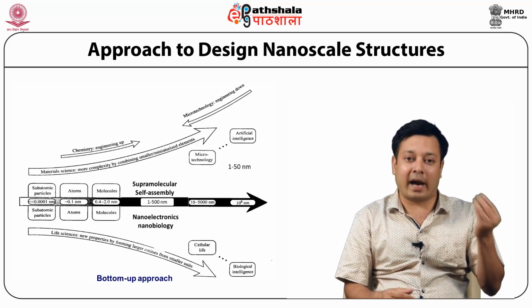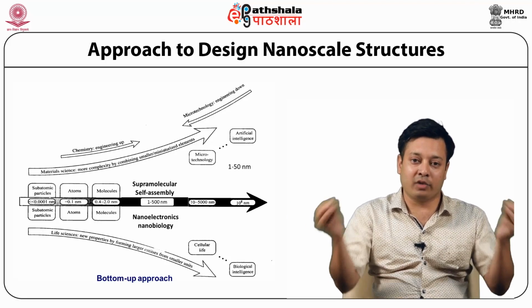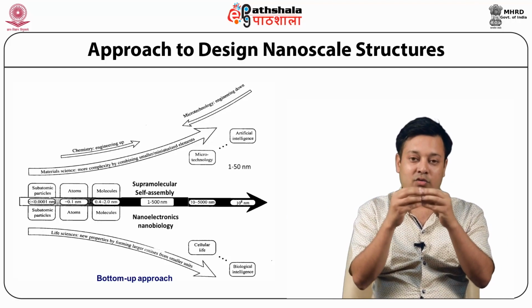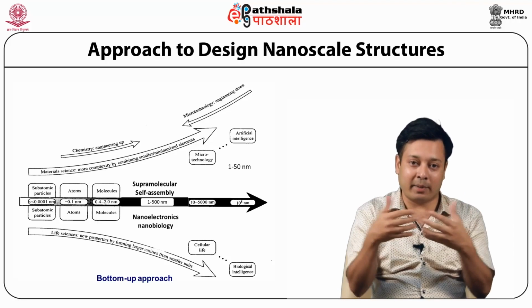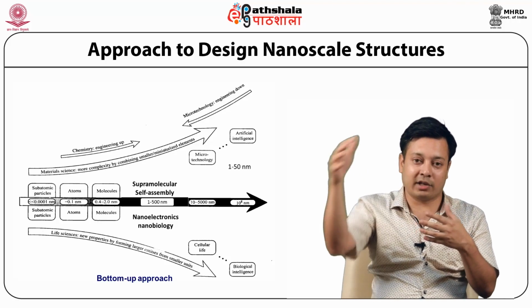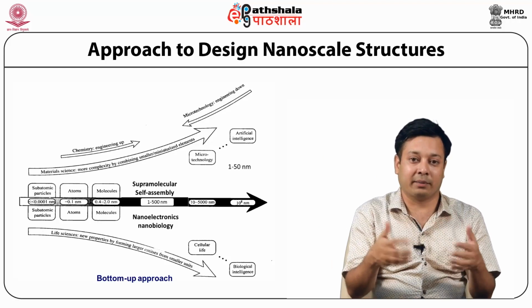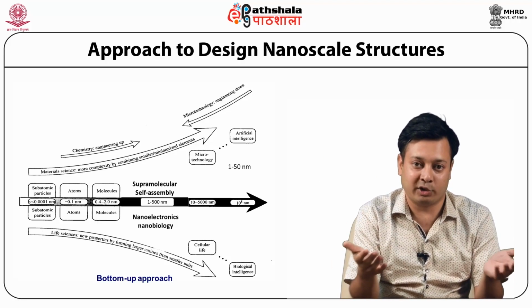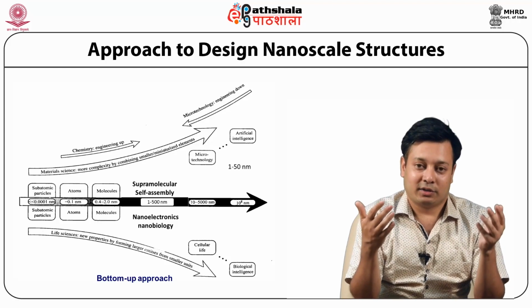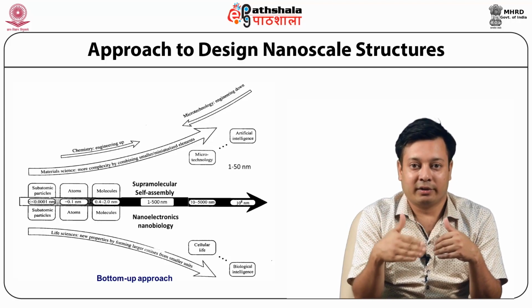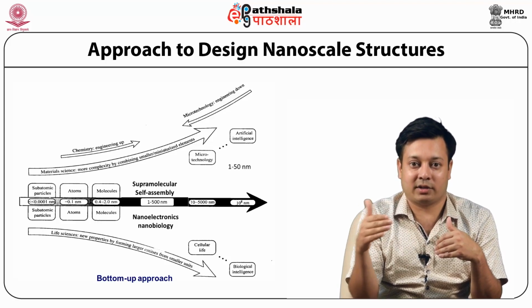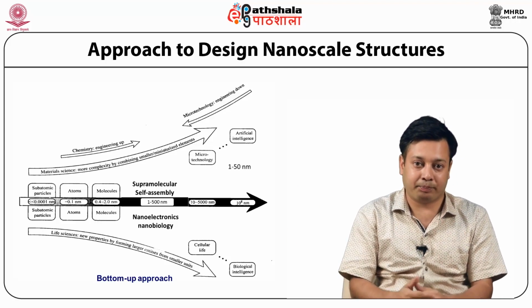So we start with atoms, and those atoms we connect covalently to molecules, and these molecules, if we can self-assemble into larger molecules, that is something called a supramolecule or supramolecular aggregate, that will give us control on making nanostructures in different nanometer regimes.